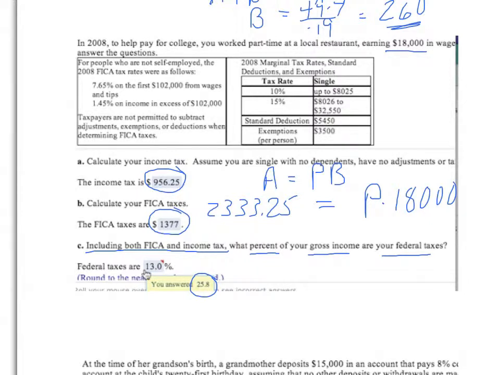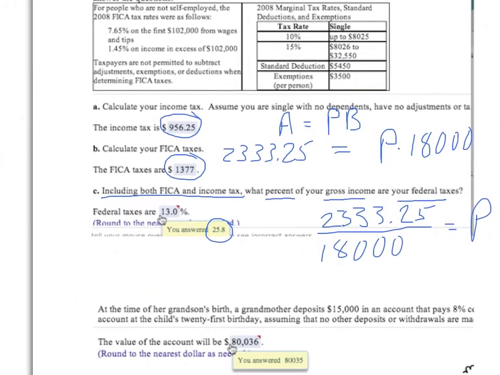So to solve this problem, you would divide both sides of the equation by 18,000, and you would get your percent, $2,333.25 divided by 18,000. That gives you your percent. What percent of the 18,000 is that tax amount? And that works out to be 13%.